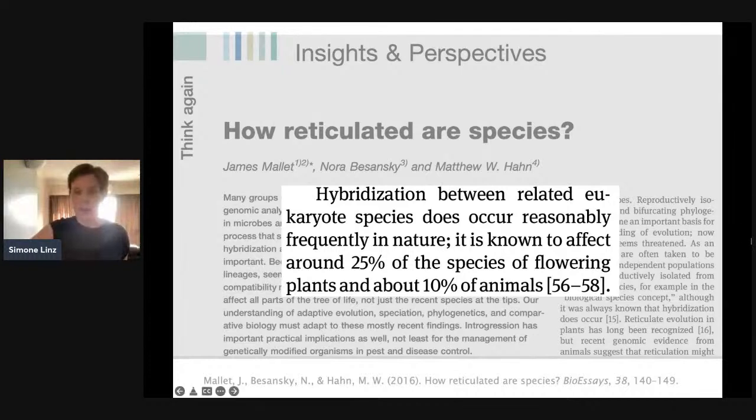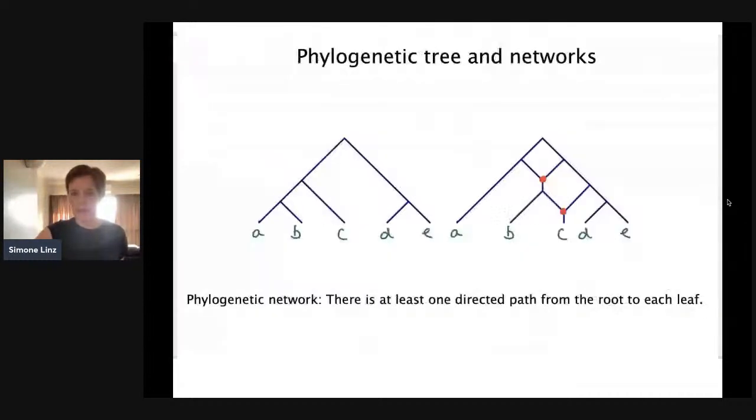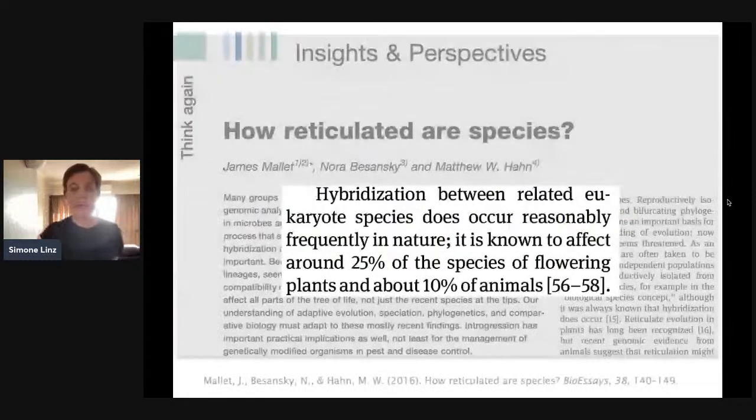And what they have found is that about 1/4 of all flowering plant species and 10% of animal species are affected by hybridization. So I guess it's fair to say that not all evolutionary histories can be represented by a single phylogenetic tree. And depending on your data set, you may want to consider phylogenetic networks as well in your analysis.